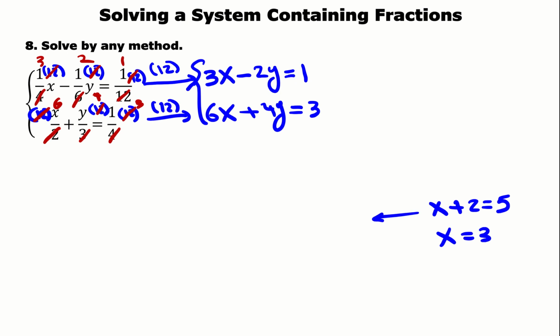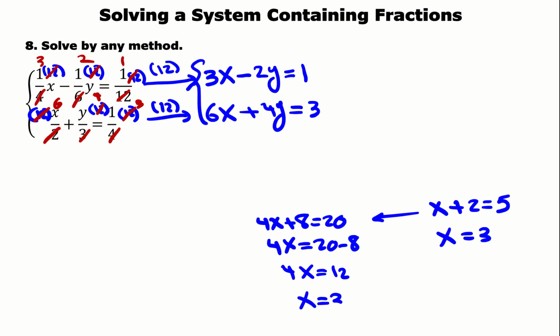Multiply both sides of that equation by, say, 4. So you get 4x plus 8 equals 20. Now solve this new equation. So you get 4x equals 20 minus 8. So you get 4x equals 12. So you get x equals 3.